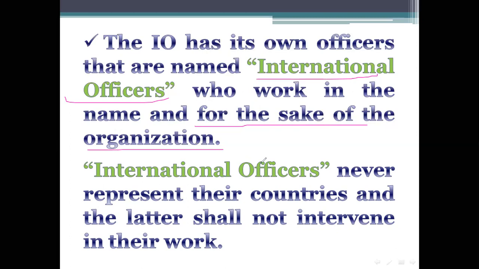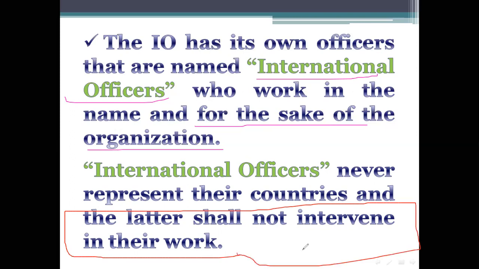Also, before moving to the other idea, international officers never represent their countries, and the latter shall not intervene in their work. Look, not only does the officer not represent his state, but also the state to which he belongs must not intervene in his work.